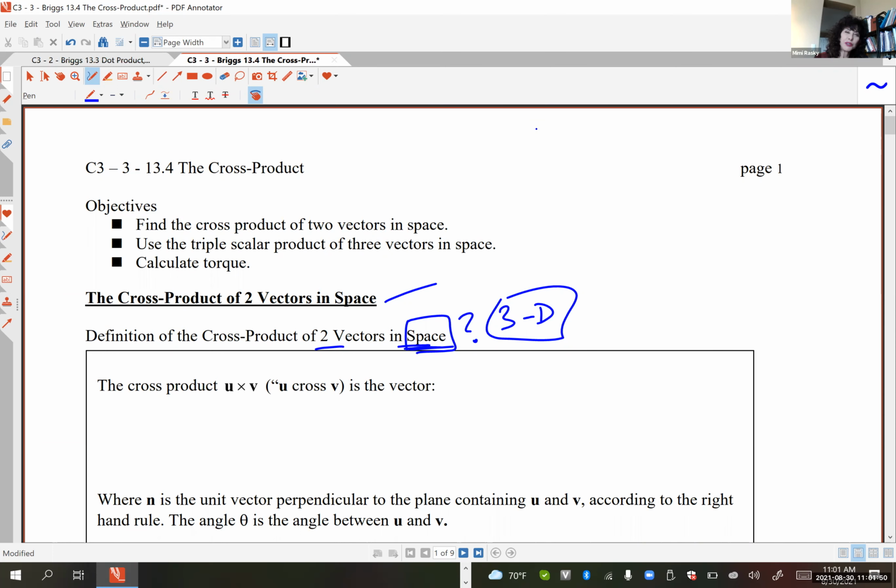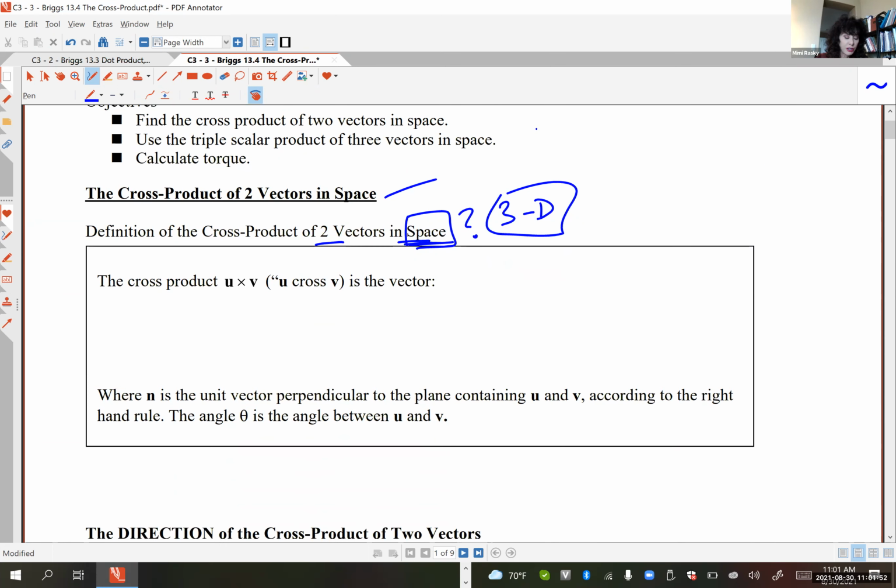So the official definition, which you're not going to use to get it, but I do want to give you the actual definition, is, and you're going to use a little x for cross product, u cross v, is a scalar times a vector, which is going to give you a vector overall.